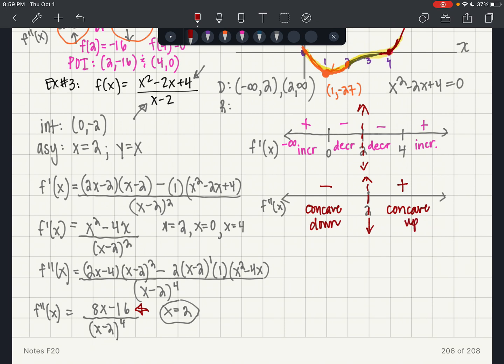Now there is no point of inflection, because that's a vertical asymptote. And a vertical asymptote is not a point. Let's come back up here and figure out whether or not we've got a max or a min. We've got a max when x is 0, and we've got a minimum when x is 4.